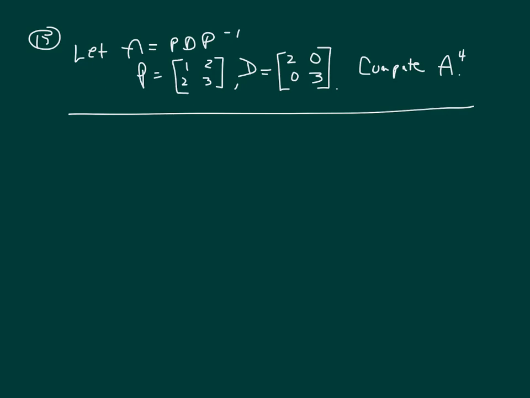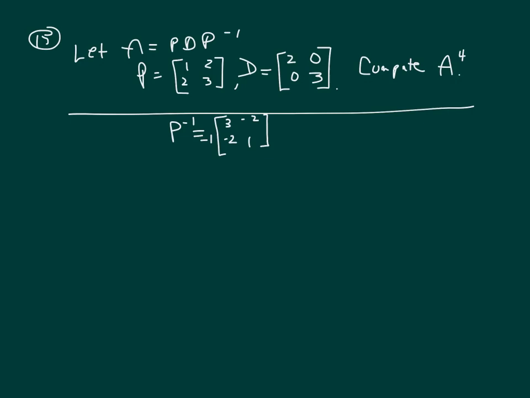Okay, first, this is the process of diagonalization. A is given by P times D times P inverse. So for P inverse, think about the determinant, which is negative 1, and then we swap our diagonal entries, and then we multiply the minor diagonal entries by negative, the opposites of each other.